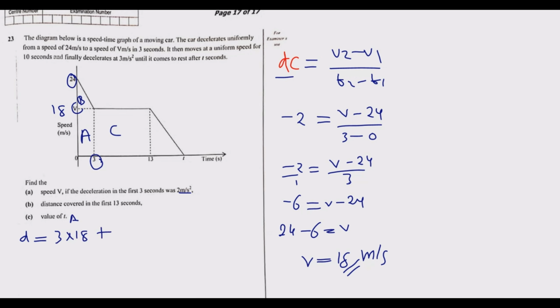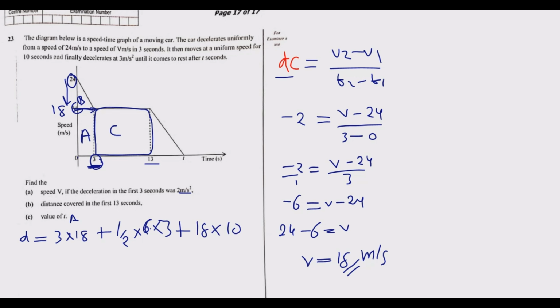Then plus the area for B. The area for B becomes half because it's a triangle, multiplied by 24 minus 18, which is 6, then multiplied by this length, which is 3 seconds. Then plus the area of this rectangle, which is 18 minus 0, which is 18, multiplied by 13 minus 3, which is 10.